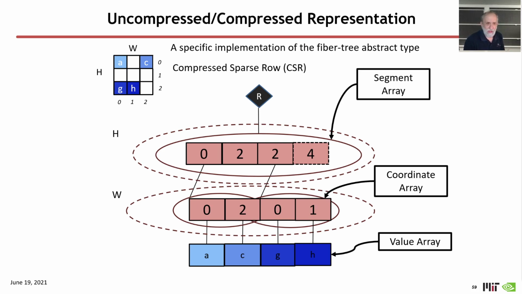What I want to emphasize here is that this was a representational choice for the fiber tree abstraction, and we picked a particular representation for each of the fibers in each of the ranks, and we could end up with CSR.